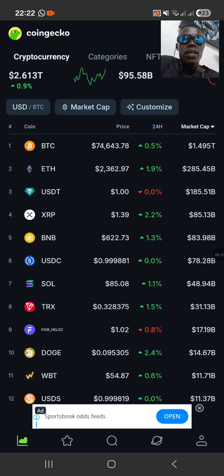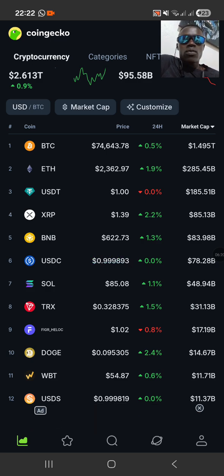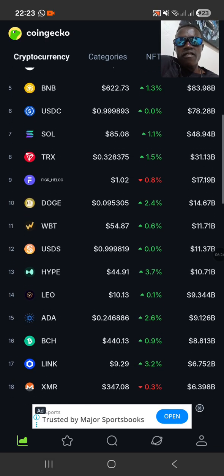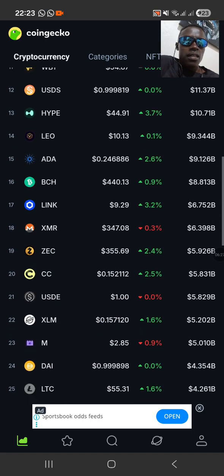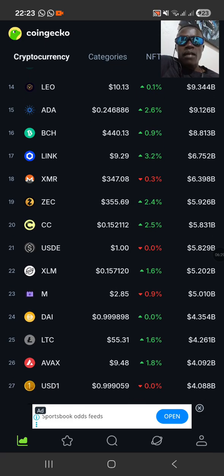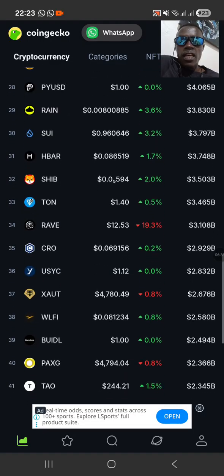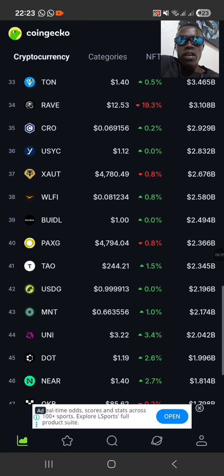We have Binance, and the coin is BNB. These are some of the blockchains, and we have very many blockchains, coins and tokens.